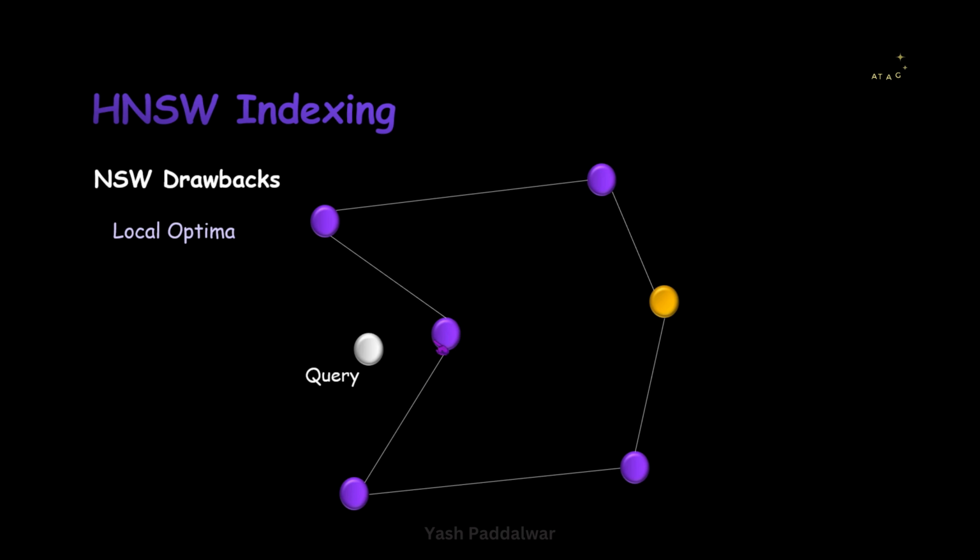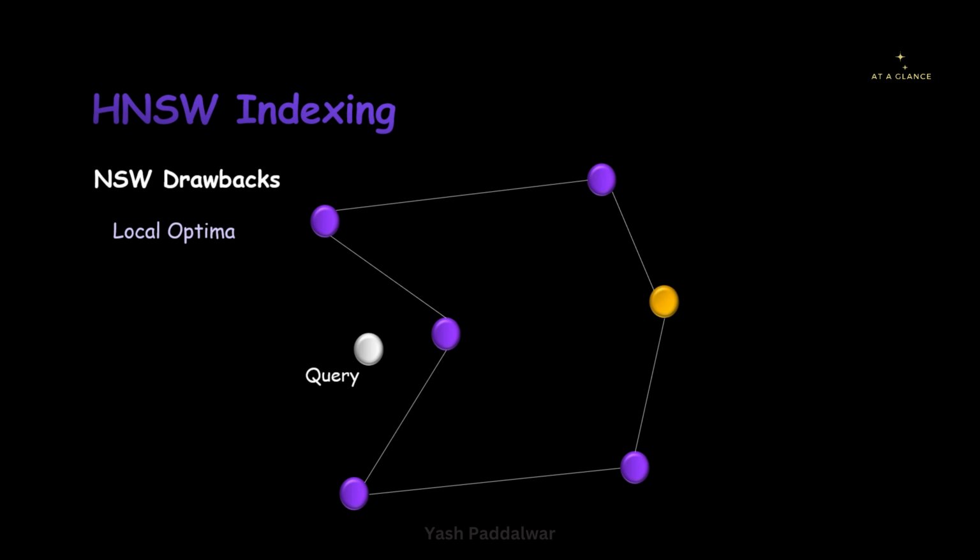But ideally we know that this is the most similar node that has to be outputted. Using this NSW technique, we cannot reach this document vector. We are stuck here, and this problem is nothing but local optima. This problem is sometimes called early stopping. So I hope the drawback of NSW is clear to you all.